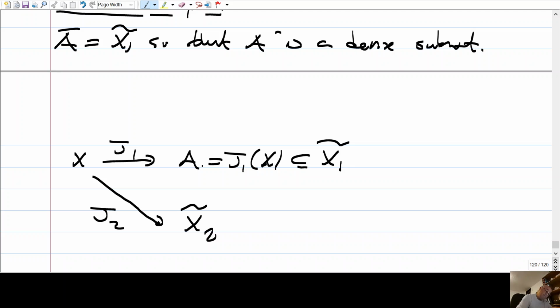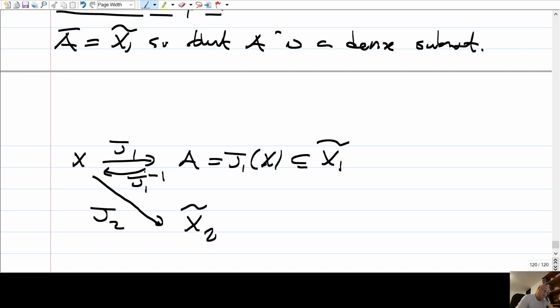Therefore, this map J1 has an inverse because this is a one-to-one onto map. It is continuous, and its inverse is continuous. So J1 inverse is a map from A to X. This J1 inverse is not defined on X1 tilde. It is defined only on this subset.